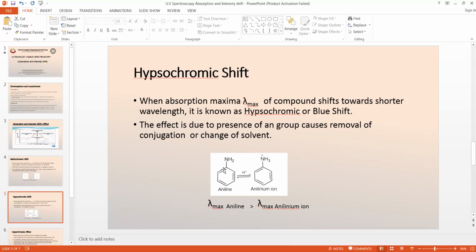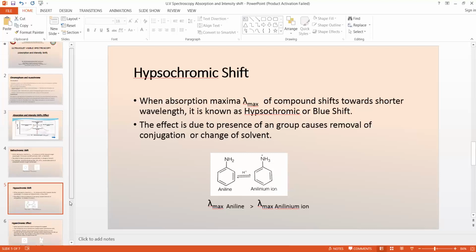In aniline, conjugation is present, while in anilinium, there is a stop in the further conjugation. So its lambda max value is less than aniline. And when moving from aniline to anilinium, there is a decrease in the lambda max value. So you can observe the hypsochromic effect or shift.